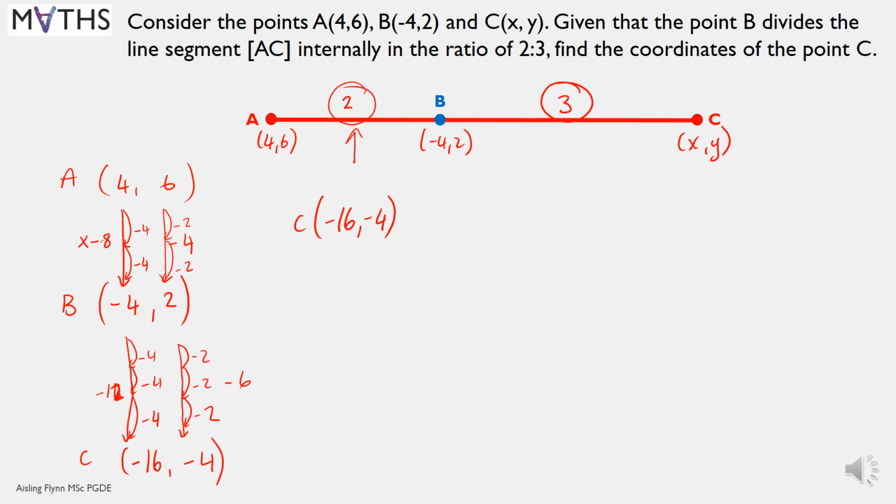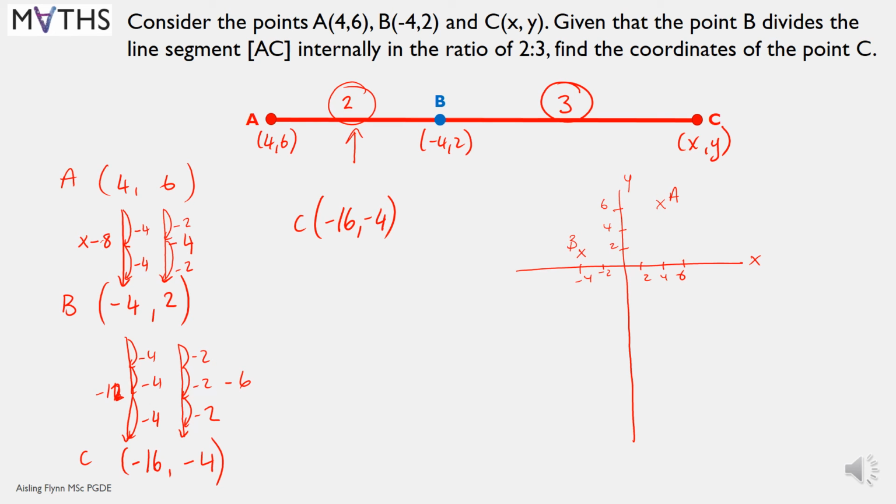Okay, I'm going to do a quick graph sketch, just to see what that looks like. 2, 4, 6, 2, 4, 6. Point A was at 4, 6 up here. I'll do X's. There's A. Point B was at -4, 2, which is here.